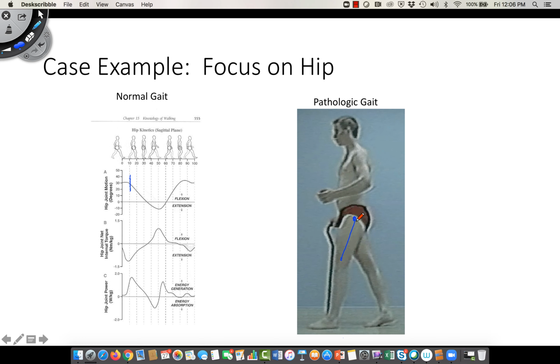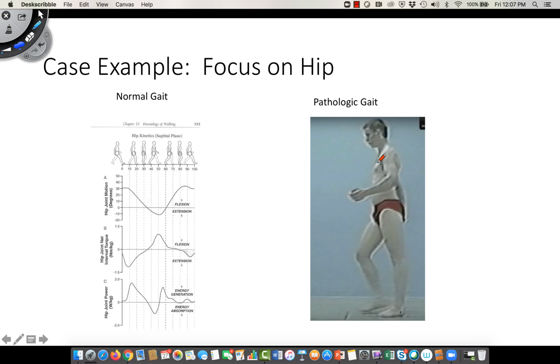So we should have about 30 degrees of hip flexion. What we could say is at this loading response phase there's probably more like 20 degrees. So there's decreased hip extension at the loading response for this particular patient.